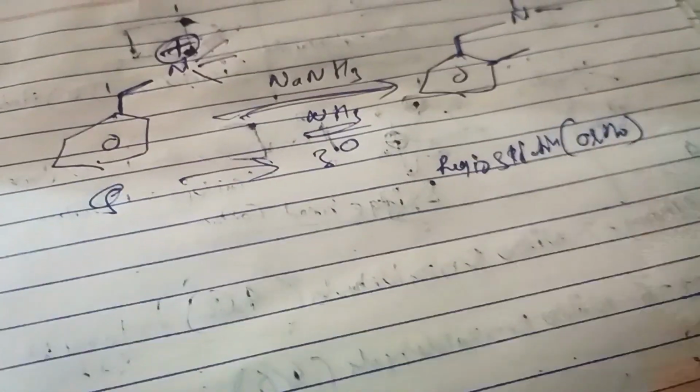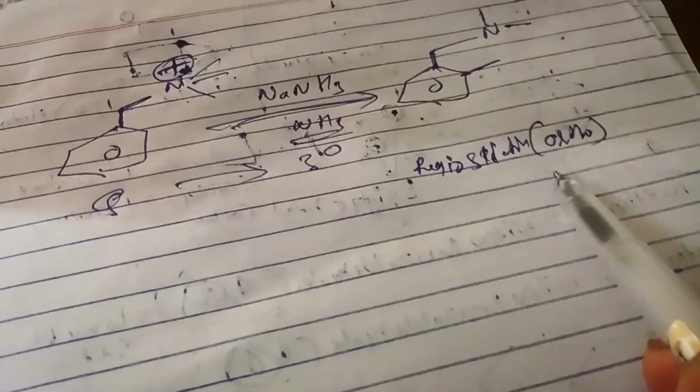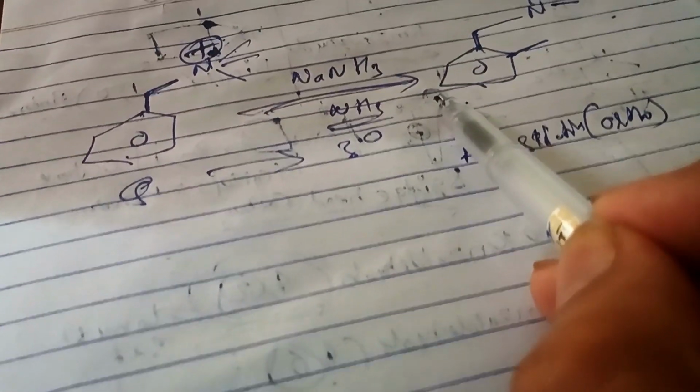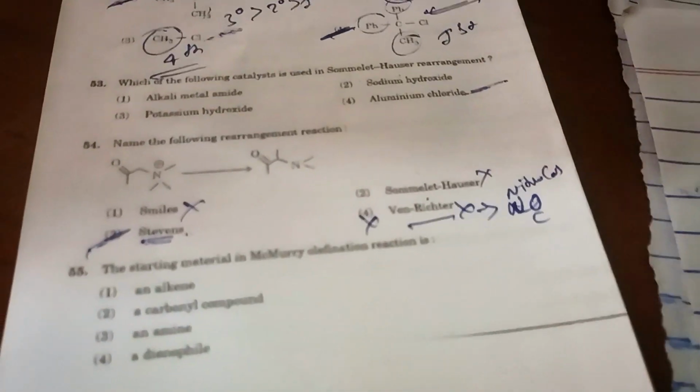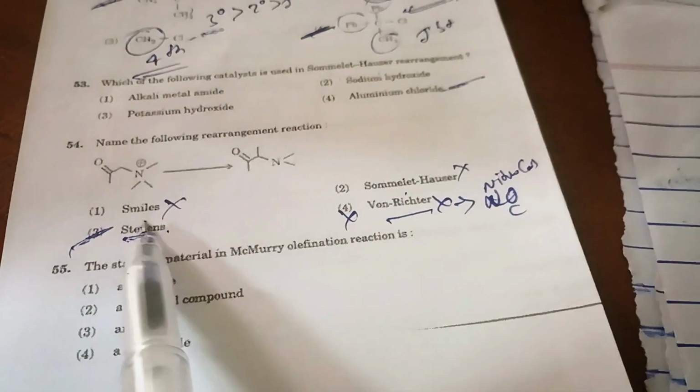But here the rearrangement will take place like this, by using some catalyst. And also there is regioselectivity, meaning there is ortho selectivity in the Sommelet-Hauser rearrangement, but in the Stevens rearrangement a 1,2 shift will take place. So this is the main difference between these two.